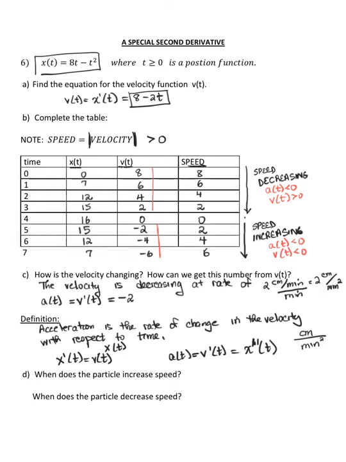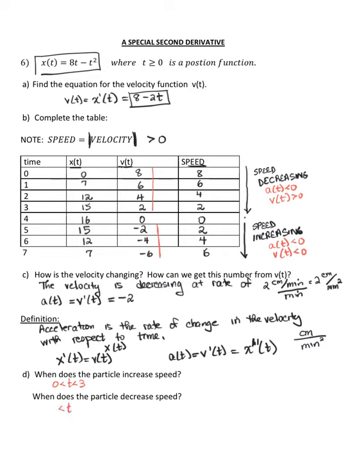So we know that the particle increases speed in the time interval from 0 to 3, and it decreases speed in the interval from 5 to 7.